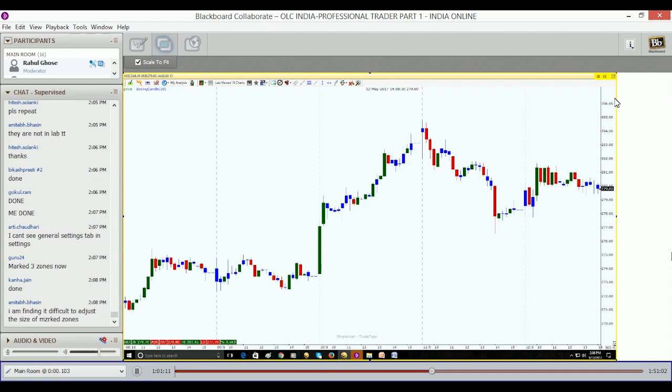The third zone that you've marked, Amitabh, you've not marked that zone correctly, because if you see, your leg out candle is coming below the zone.